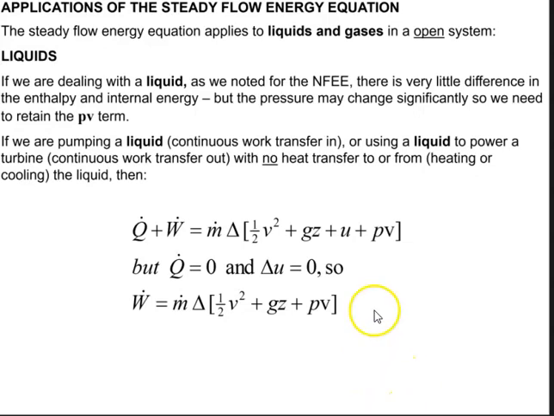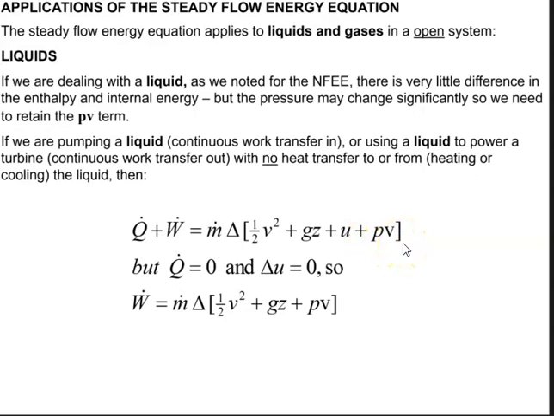Now we have the equation: Q dot is the rate of transfer of heat, plus W dot is the rate of transfer of work, which is equal to m dot, the mass transfer, times half V squared plus gZ plus U plus PV.